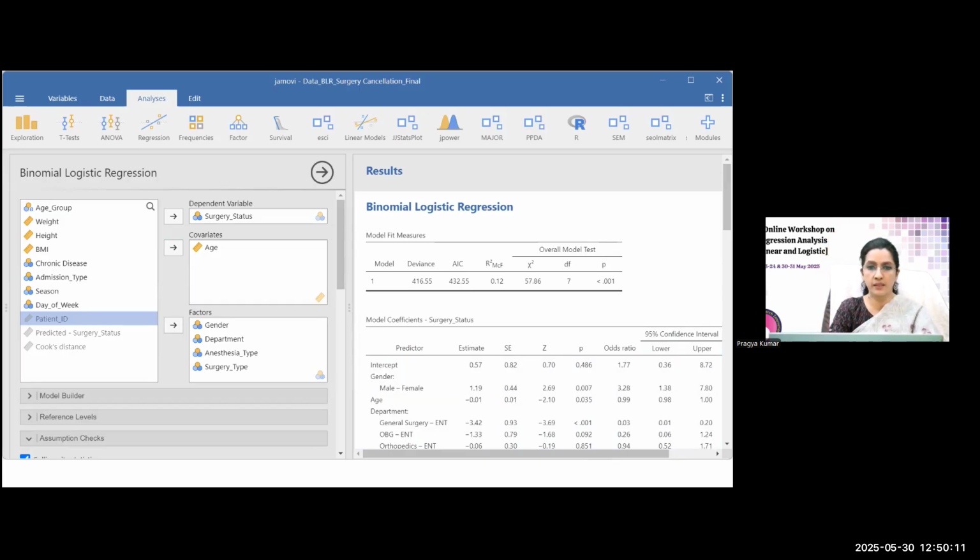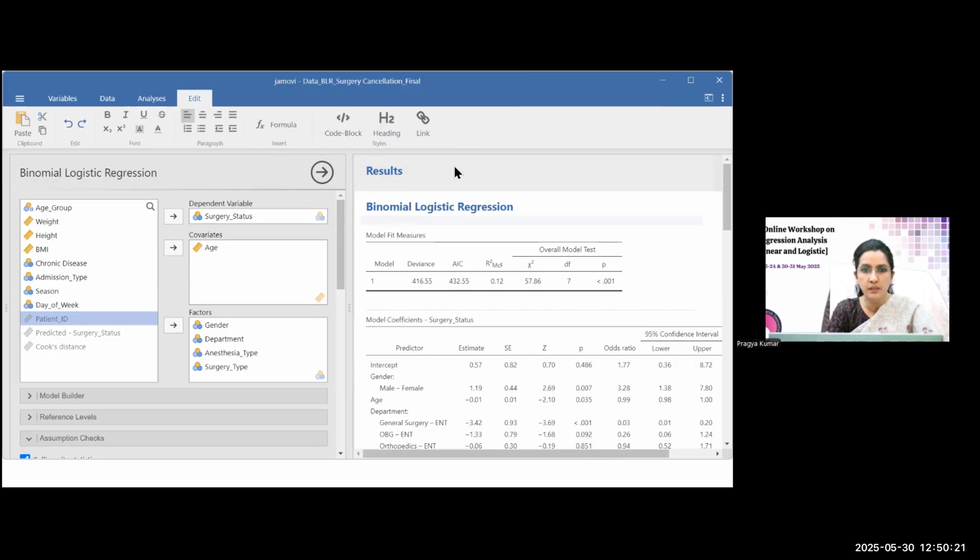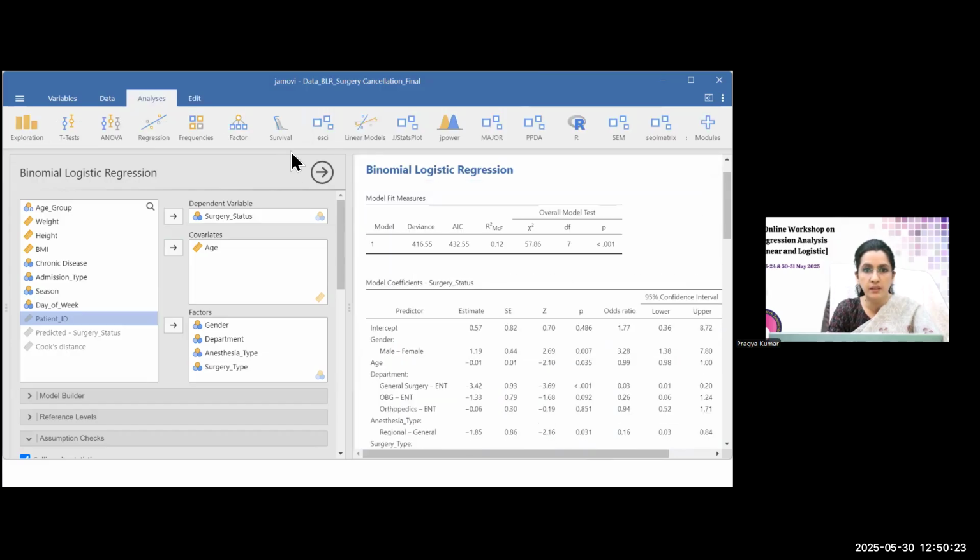there is an option in survival. Let me see. There's a clinicopath module, I think that is not there.